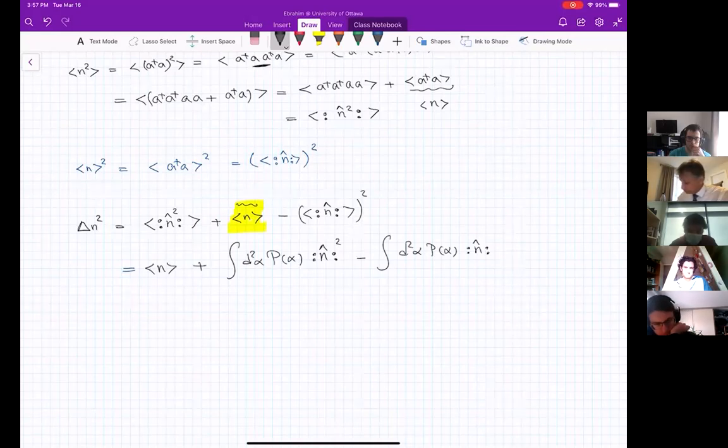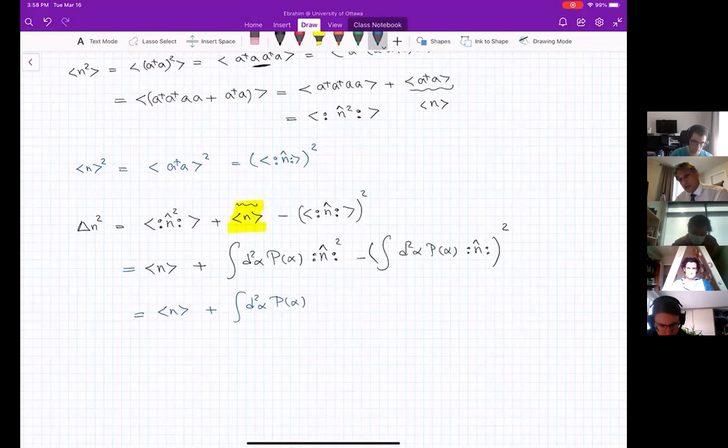There's no need really to write in normal order, but the reason I'm writing it this way is this. Finally, what we get is n plus the integral of d2 alpha P(alpha).